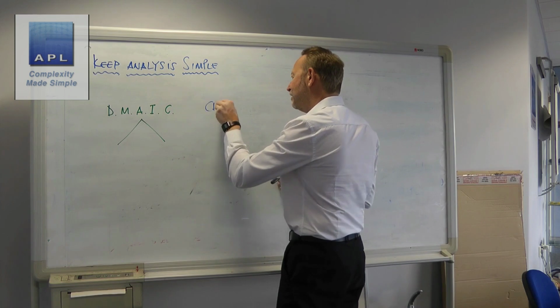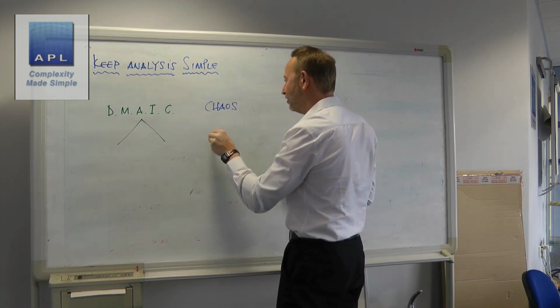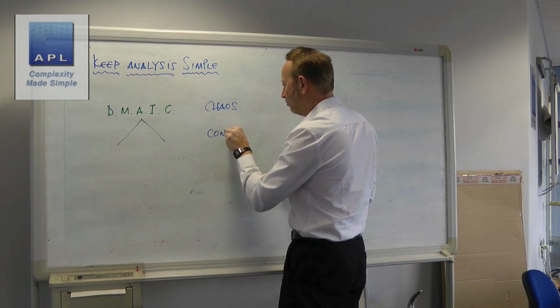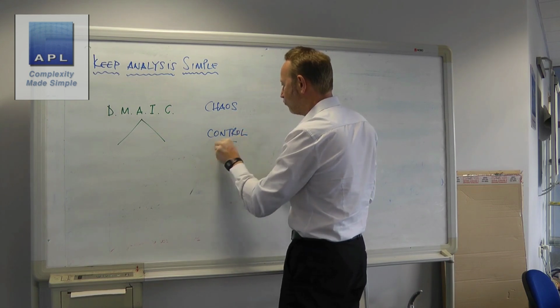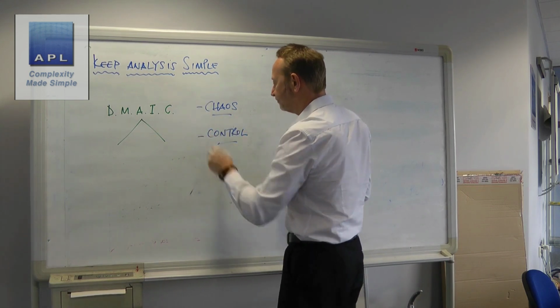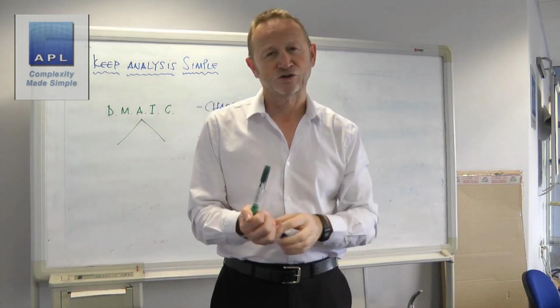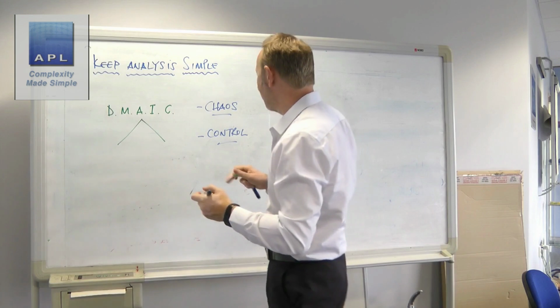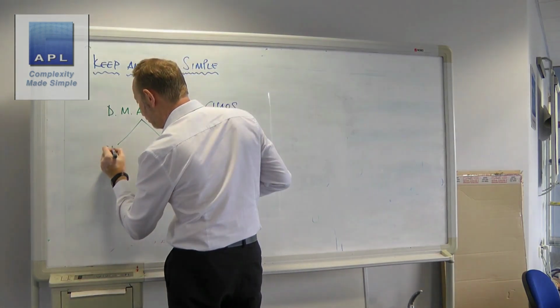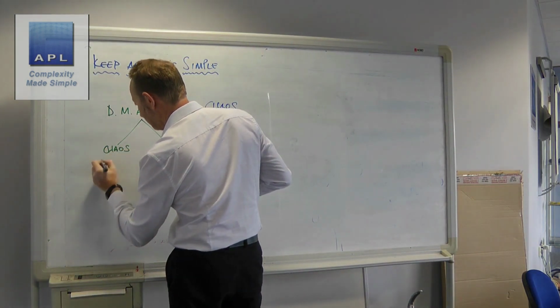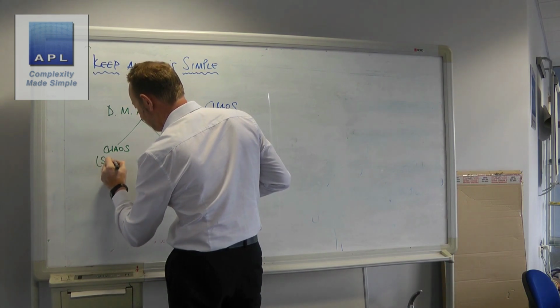You are either in a state of chaos, or you are in a state of control. Now, when your process is in chaos, when we're looking for chaos over here, chaotic analysis can be kept very simple.